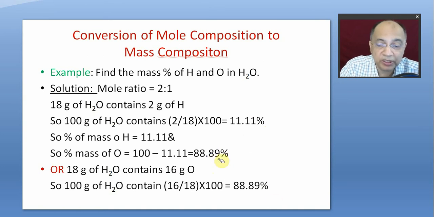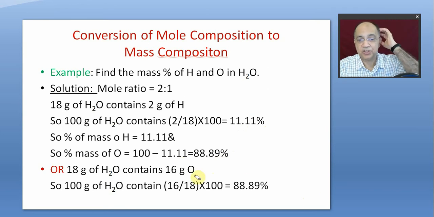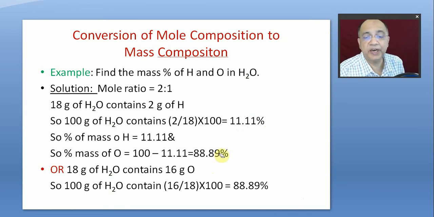So make sure that the sum of these percentages is equal to 100. It is always better to find the percentage composition of the last element by subtracting the sum of the percentages of all other elements from 100.